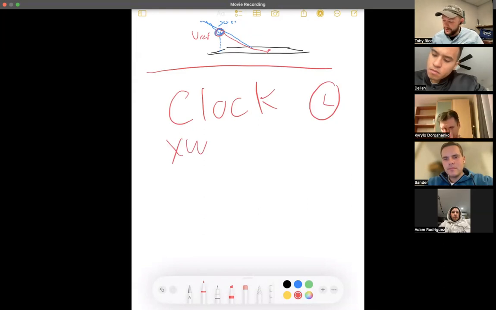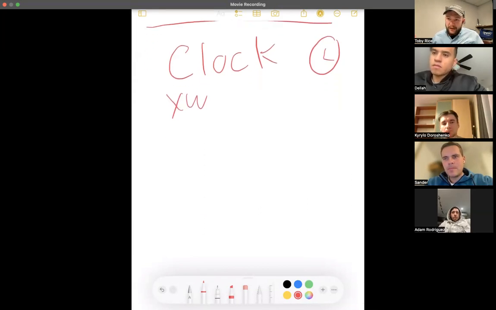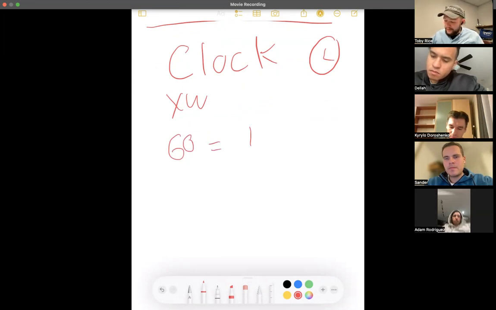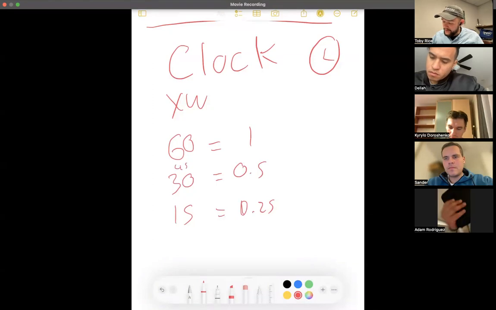In a clock, there are 60 minutes in 1 hour, 30 minutes in half an hour, 15 minutes in a quarter of an hour, and of course, 45 minutes in three quarters of an hour. 75%. Cool, right?